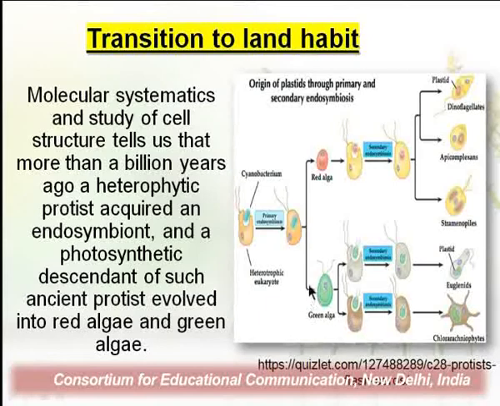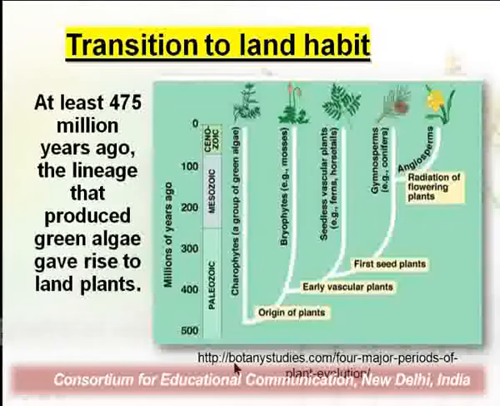The primary event, the first event of endosymbiosis, gave rise to the red algal group and the green algal group. From this green algal group, a secondary event of endosymbiosis also took place, and from one of the lineages came out the Charophyceae. This Charophyceae group is supposed to be the ancestor of all the land plants, and thus the Archegoniates.